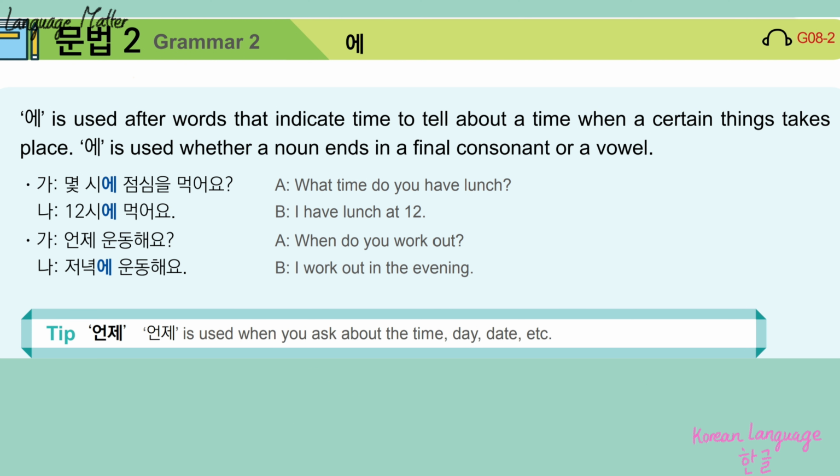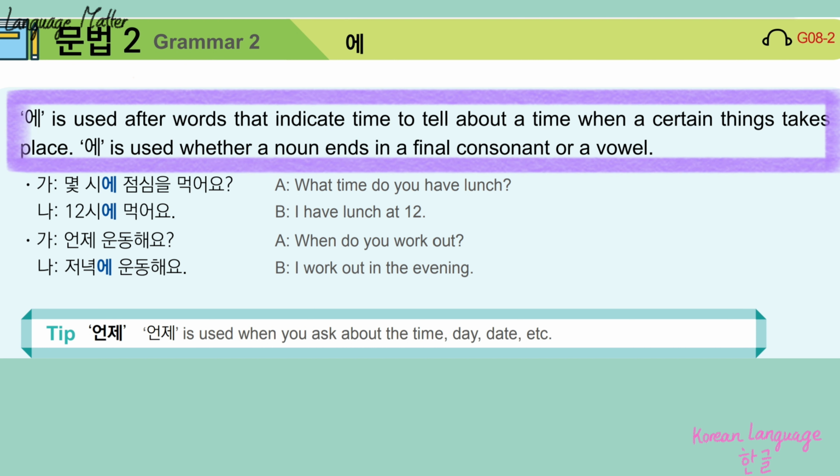In other words, 에 is used after words that indicate time to tell about a time when a certain thing takes place. 에 is used in the same form after the noun ending, whether there is a final consonant or not. 에 never changes if there's a vowel or a consonant. We always use 에 after a time word or expression.